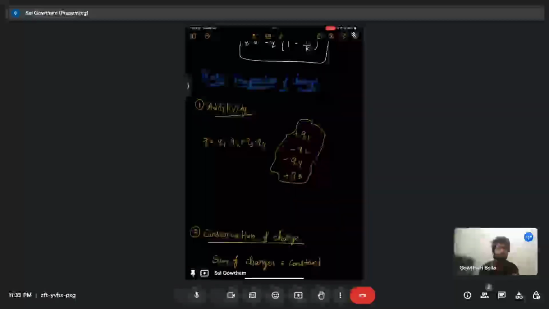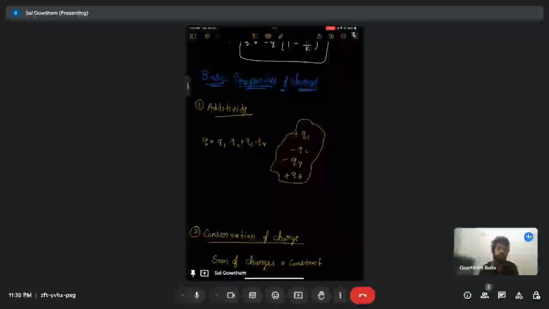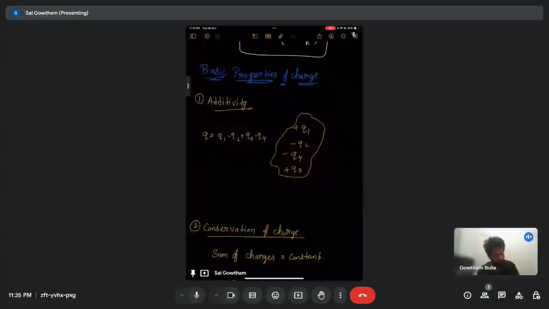Now let us see the basic properties of charge. The first and foremost basic property of charge is additivity. In the given system, we have four charges: plus q1, minus q2, minus q4, and plus q3. The charges always add. That is, q is equal to q1 minus q2 plus q3 minus q4 and so on.